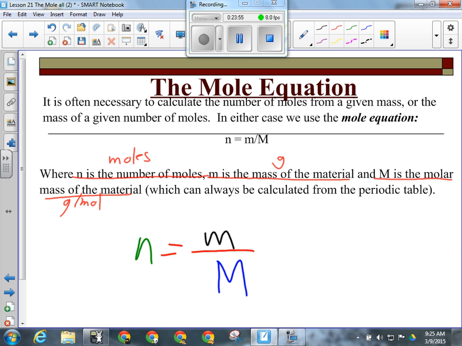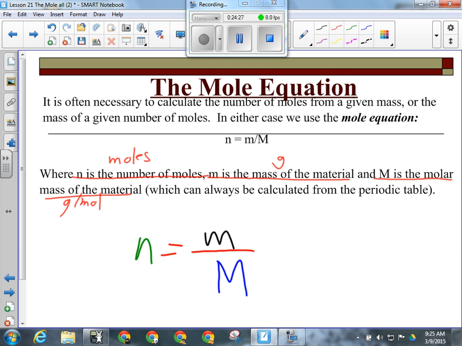When you're manipulating an equation, right now it's set up to solve for the number of moles. How would I solve for, let's say, little m? What are we going to do to solve for something that's not being solved for right now? Yes, you're right.